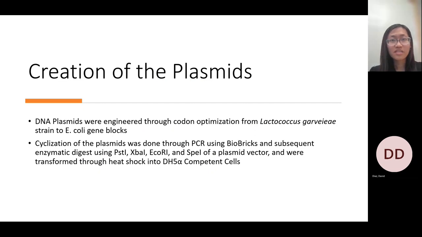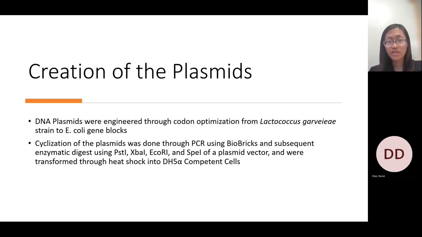So the creation of the plasmids. How did we create them? DNA plasmids were engineered through codon optimization from Lactococcus garvieae strain to E. coli gene blocks. When we ran this experiment, we were able to identify that there were two different types of bacteria naturally in the human gut biome that could convert daidzein to equol.